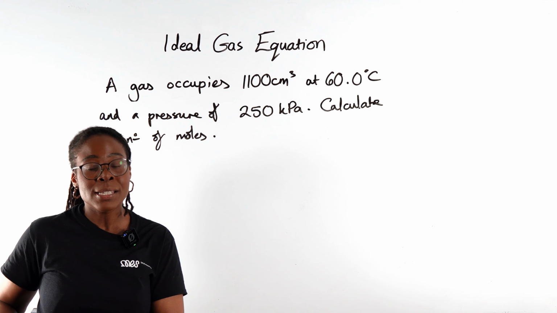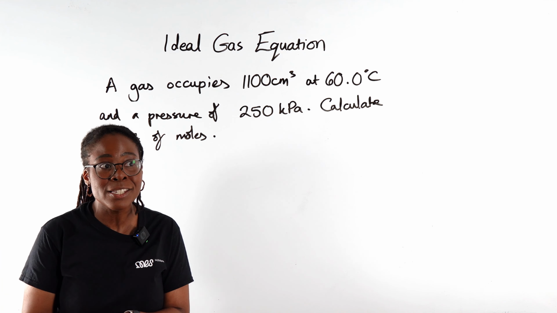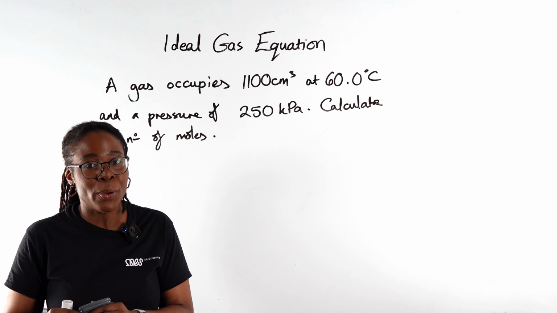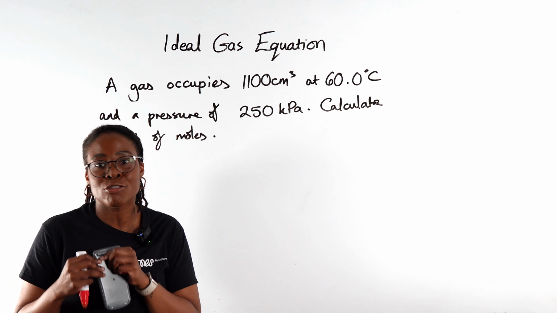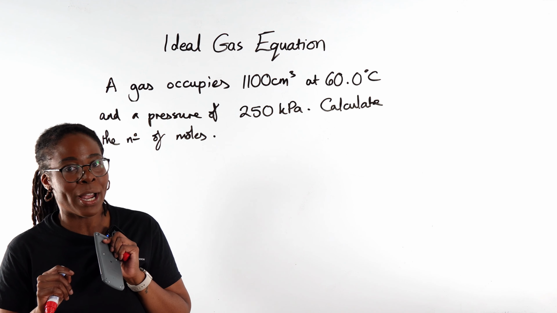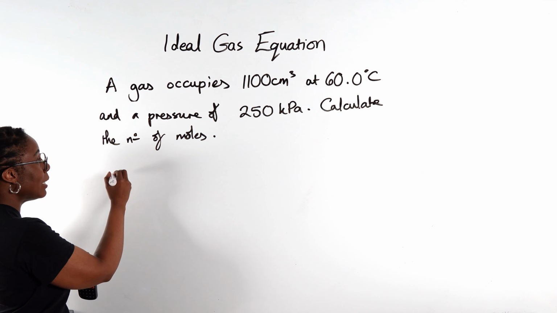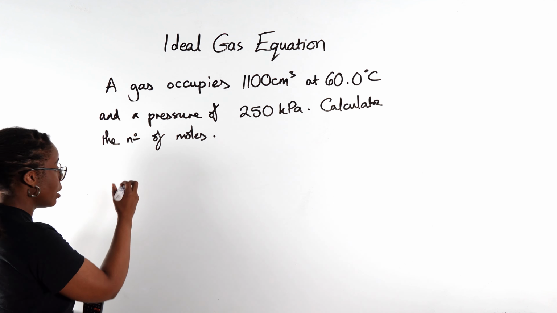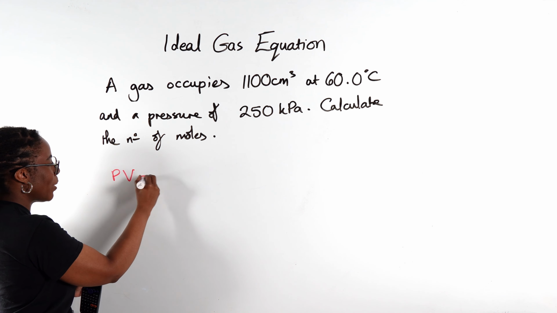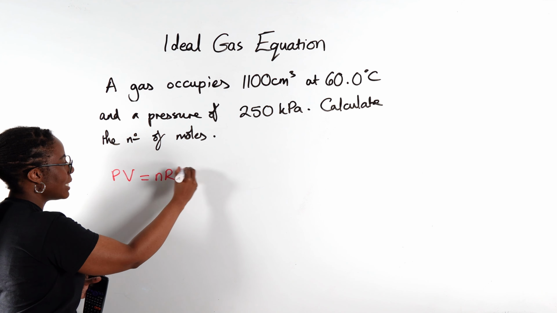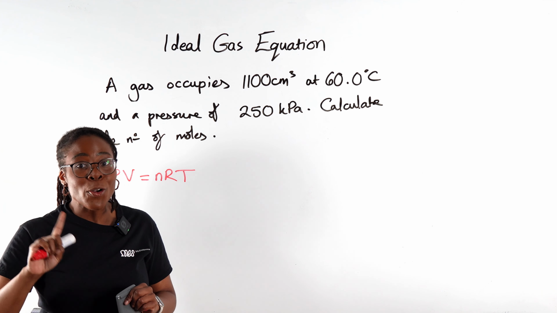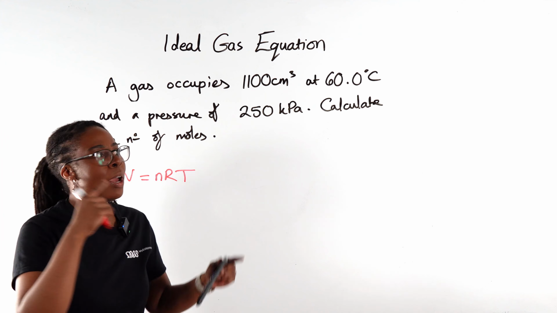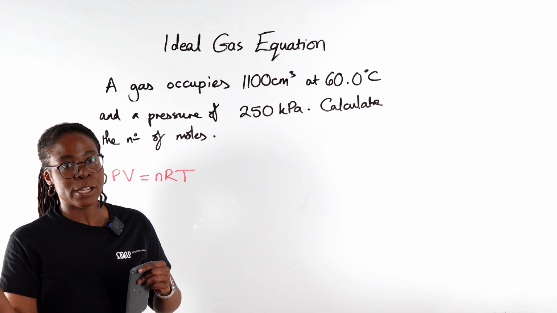And the very first thing that I would recommend you doing is just write down the ideal gas equation. You don't get bonus points for just rushing and plugging everything into your calculator immediately, right? So literally, as soon as you spot it's the ideal gas equation, write the ideal gas equation, PV equals nRT, then show yourself rearranging to make the subject whatever it is that you're trying to find.